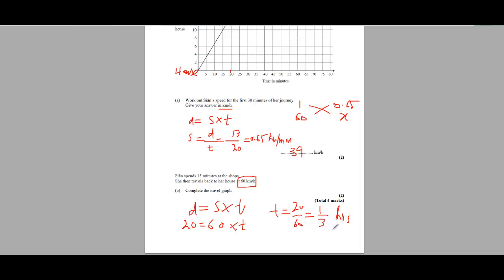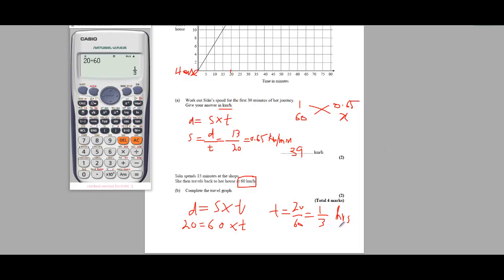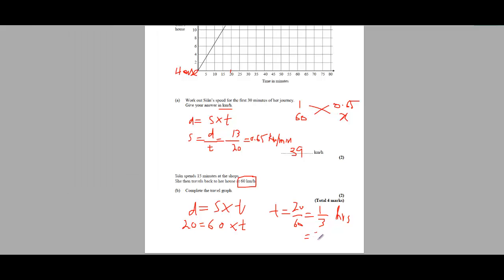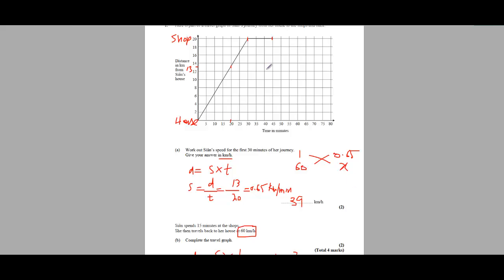Let's convert this 1 over 3 hour into minutes. We have to multiply by 60, or you can use cross multiply again. It is 20 minutes. So it will take 20 minutes to come back home.